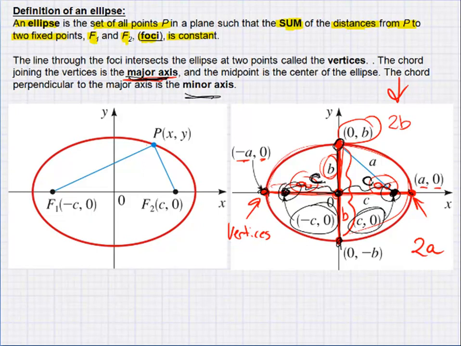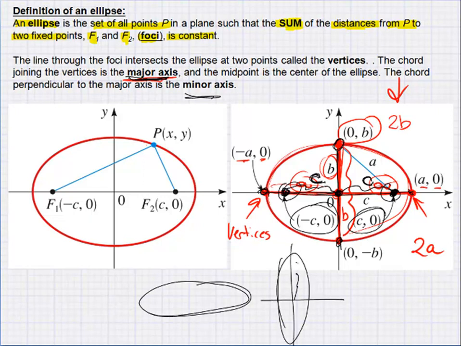When it's not centered at the origin, it'll take a little bit more time, but a lot of the pieces fall together the same way. Whichever axis is bigger, and the major axis is actually always going to be the bigger axis, but whether or not the x-axis is the bigger distance or the y-axis is the bigger distance will tell you whether you have a horizontal ellipse or a vertical ellipse. Right?